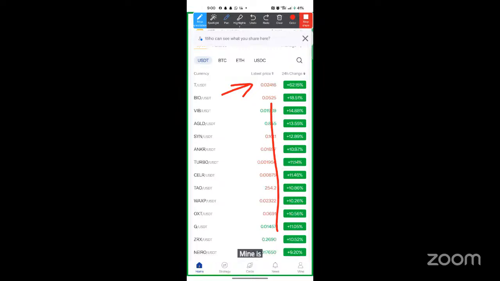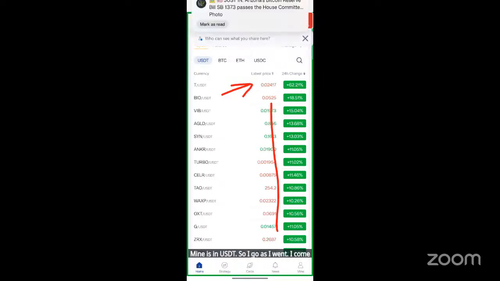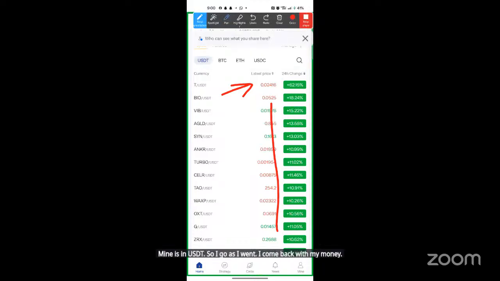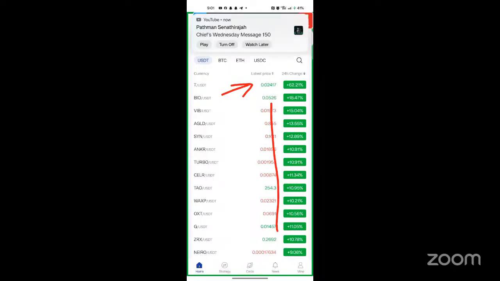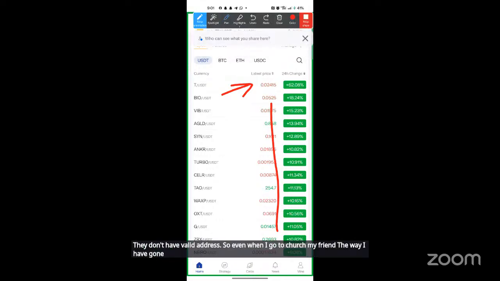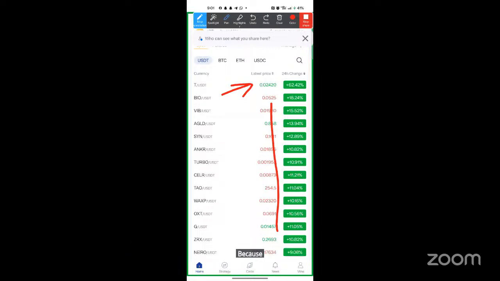So I go as I went. I come back with my money. When they only put phone number, bank account, they don't have a wallet address. So even when I go to church, my friend, the way I have gone is the way I come, because there is no money on my mobile phone, everything is in crypto.